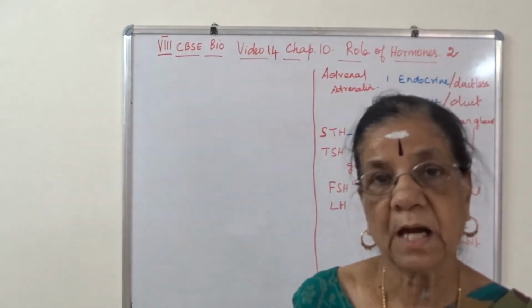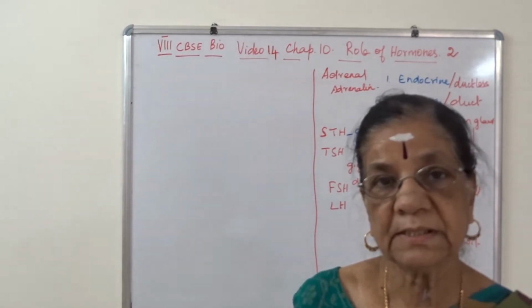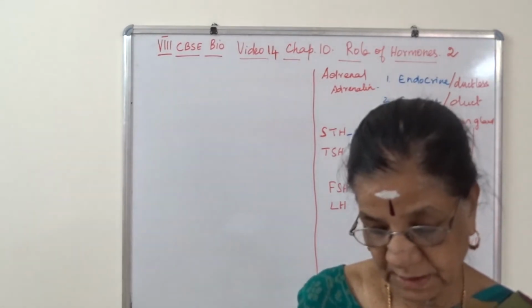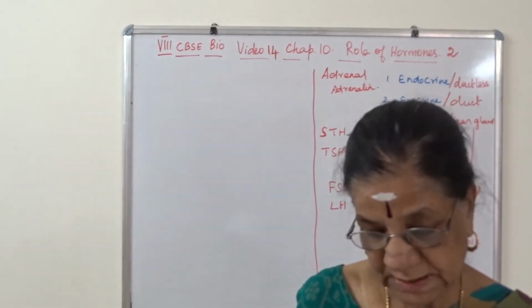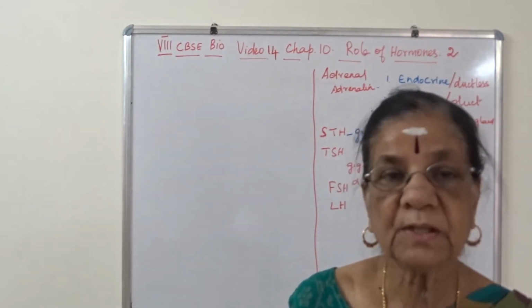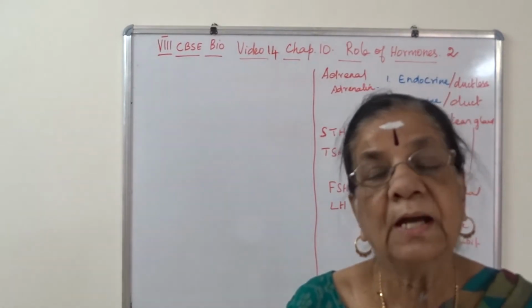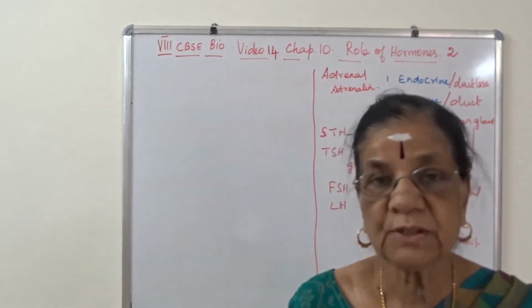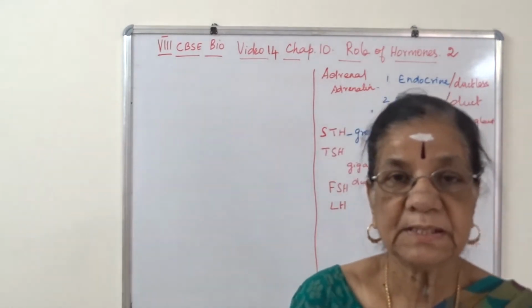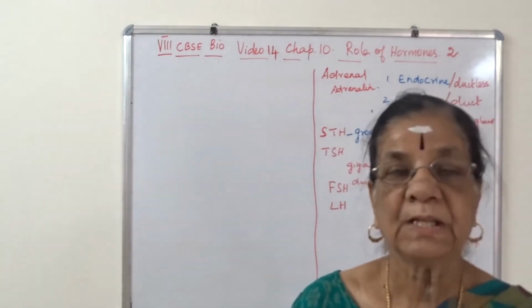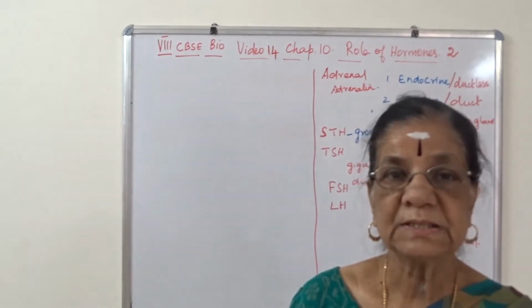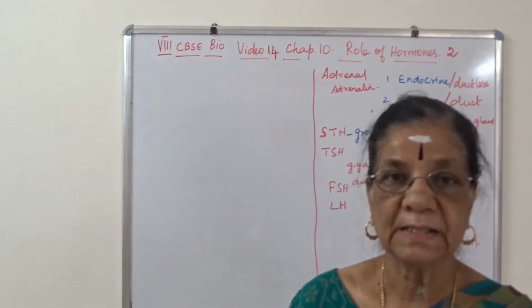The effect of this hormone is temporary and lasts for only a few minutes. After that, whatever treatment is needed has to be considered. This is for the adrenal gland.